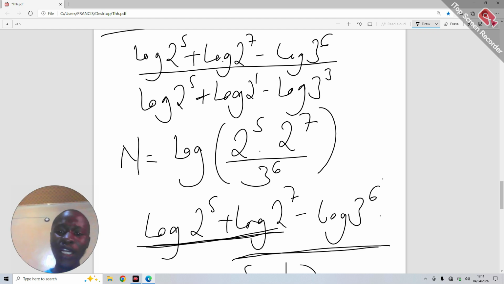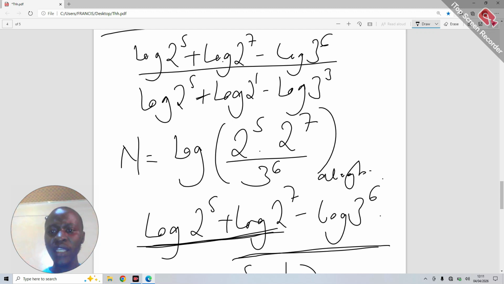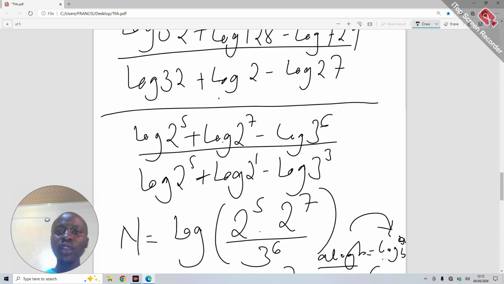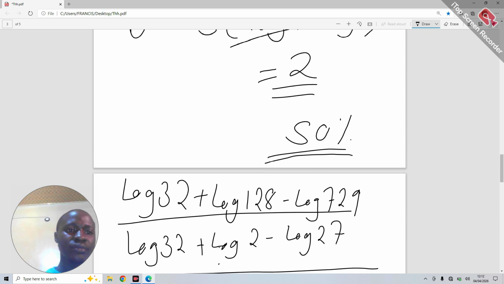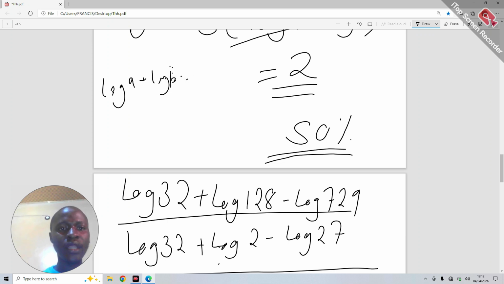What do I mean by 1 log? For example, a log b is equal to log b power a. This is 1 log and the outcome. Considering the two, log a plus log b, we have log ab.